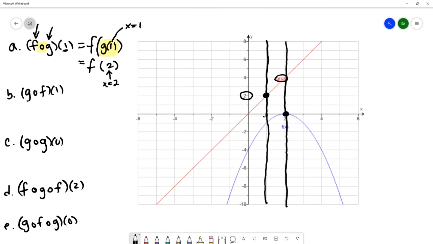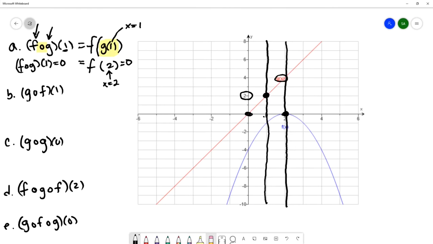So that's this point right here. That vertical line that has x equals 2 crosses the graph of f at this spot, and that has a y value of 0. So f of 2 is 0. So we found that f composed with g of 1 is 0.